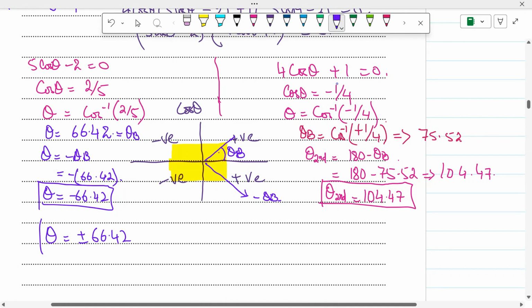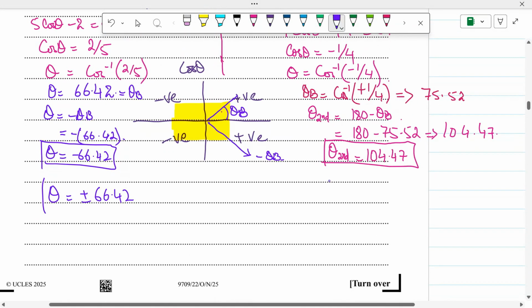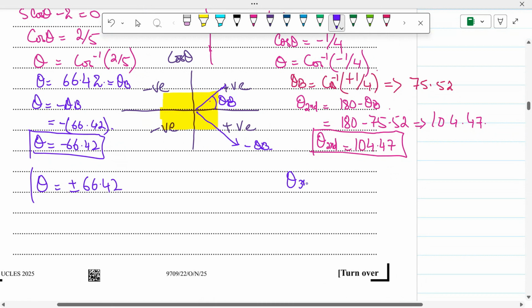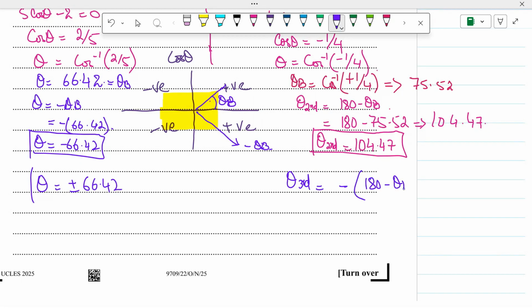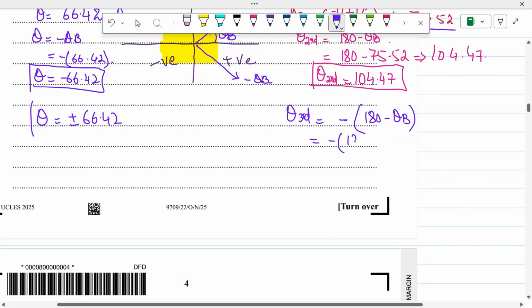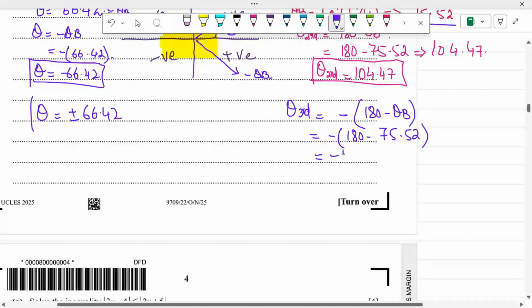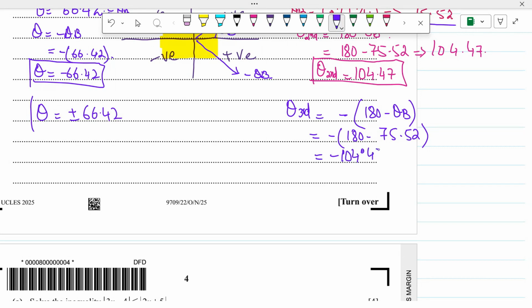Now, this negative value will also have an angle in the third quadrant. The angle in the third quadrant can be found by using the formula negative 180 minus base angle, and we calculated the base angle, which was 75.52. So plugging in, we will have negative 180 minus 75.52, which is equal to negative 104.47.